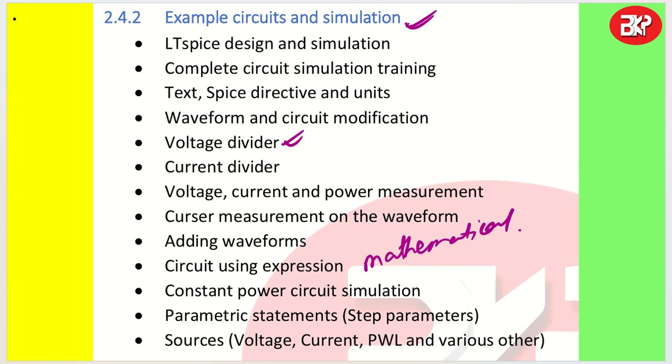Then we have constant power circuit simulations, and one of the most important things is parametric statements or parametric simulation. Then the different kinds of sources: voltage source, current source, PWL source, sinusoidal source, pulse source, all those will be a part of the sources.